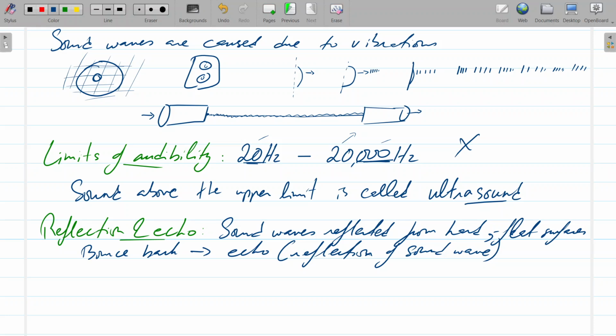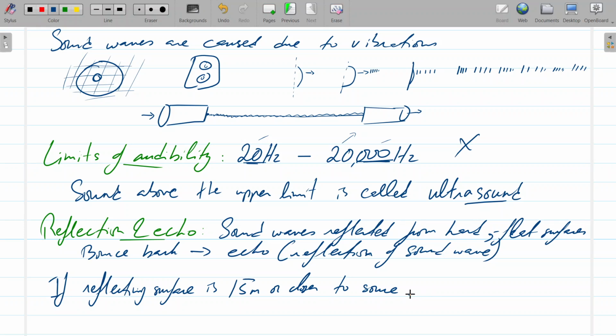Okay. Now, something called reverberation. So what happens is that if the distance between the source of the sound and the surface from where the sound is reflecting is 15 meters or closer, the echo joins or merges with the source, and that causes what is called a reverberation, right?